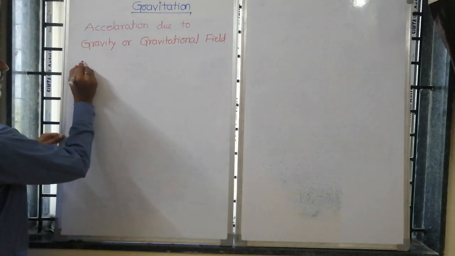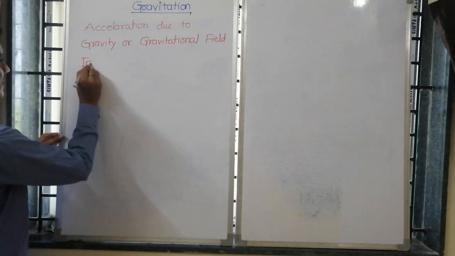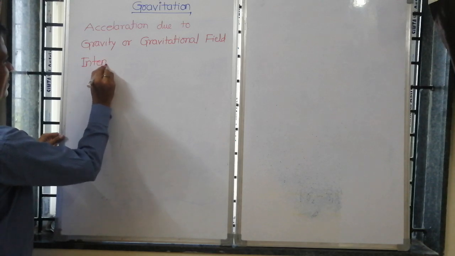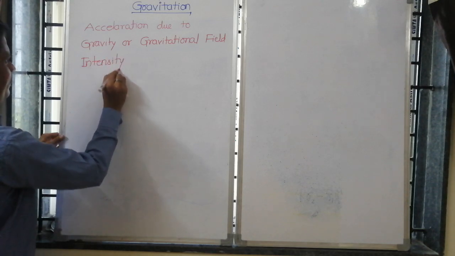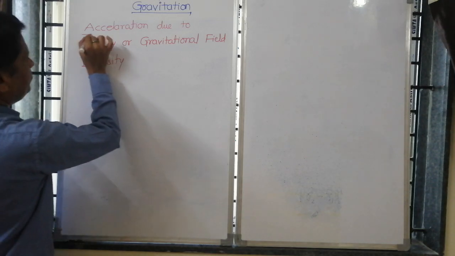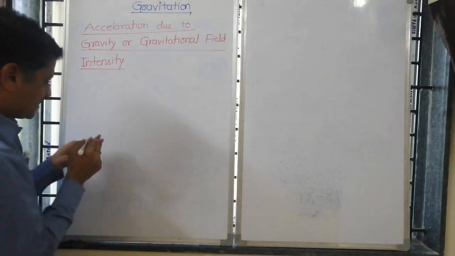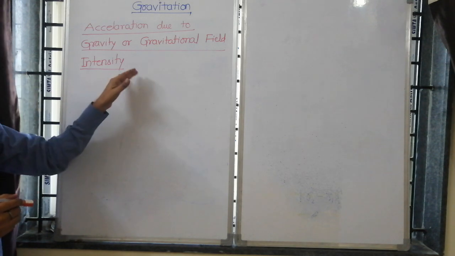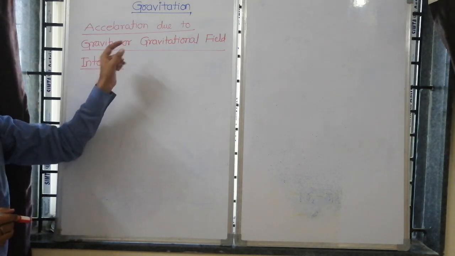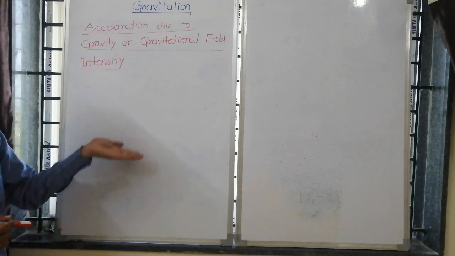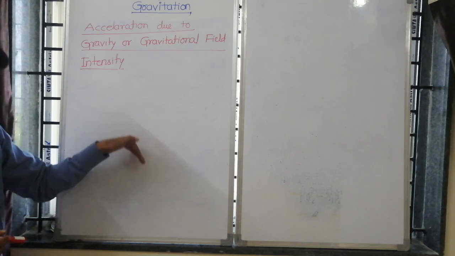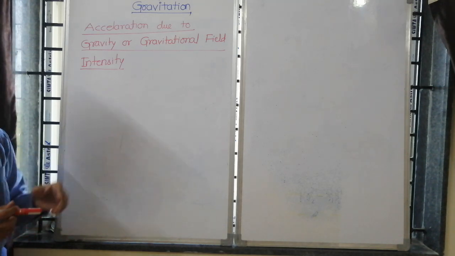Gravitational field or gravitational field intensity, both are the same only, right? Here in this heading we discuss acceleration due to gravity as well as variation of acceleration due to gravity with height, depth as well as rotation.